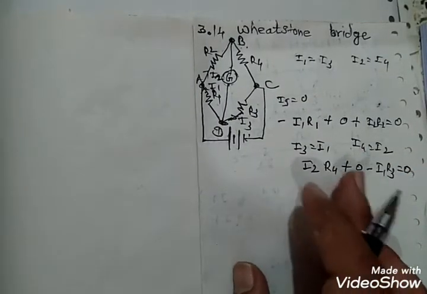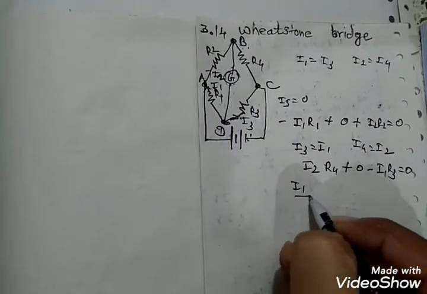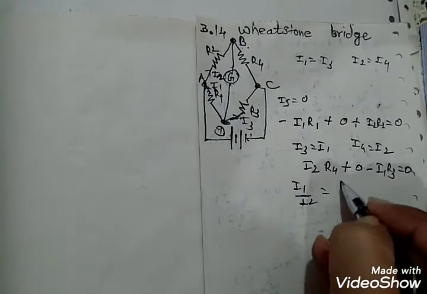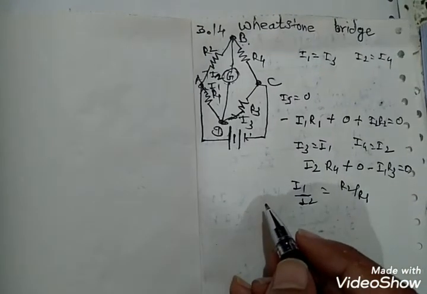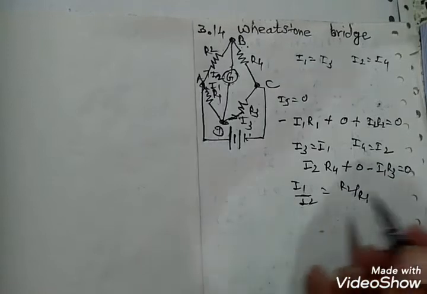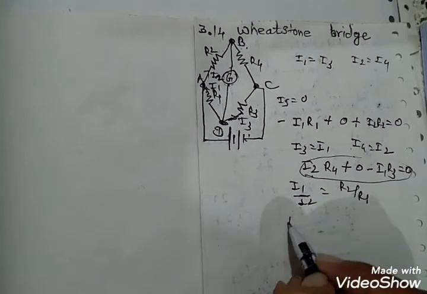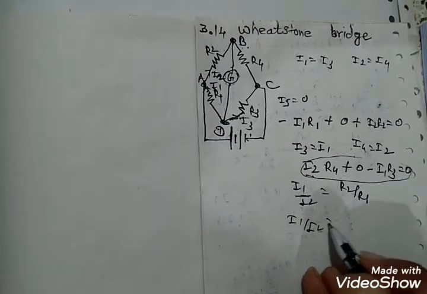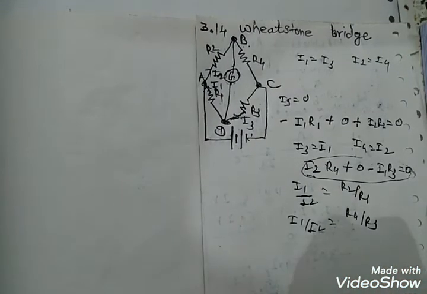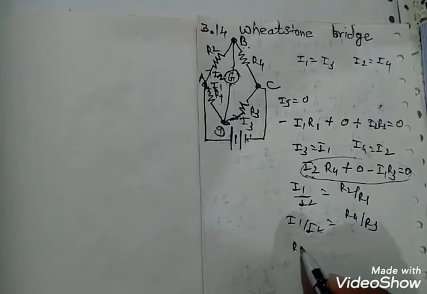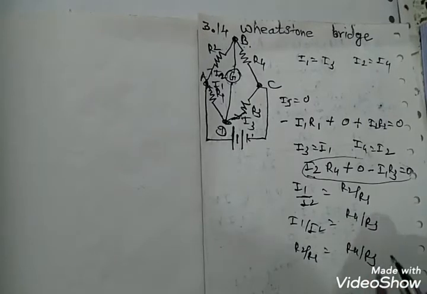From the first equation, I1 upon I2 is equal to R2 upon R1. From the second equation, I1 upon I2 is equal to R4 upon R3. Hence we obtain the condition R2 upon R1 is equal to R4 upon R3.